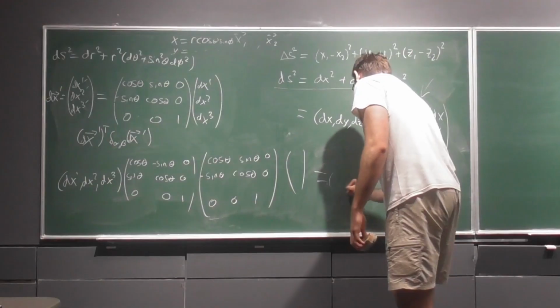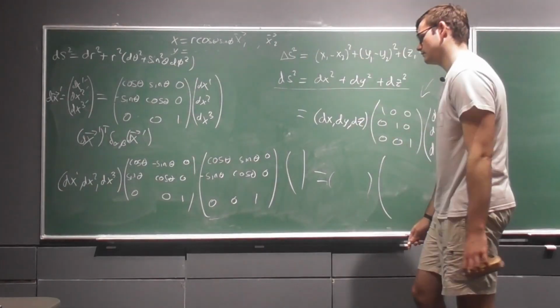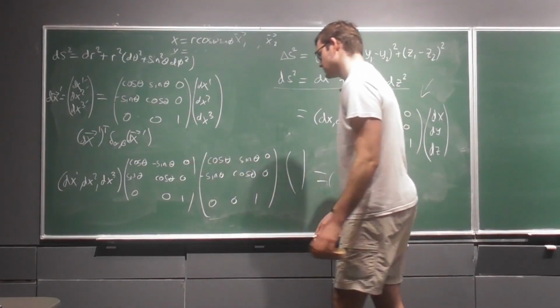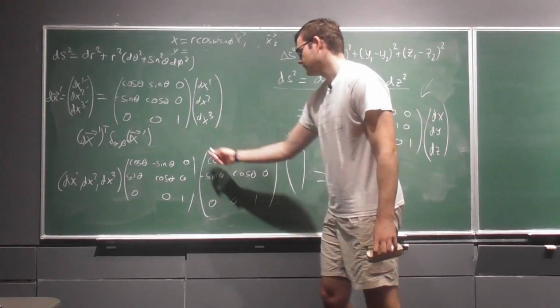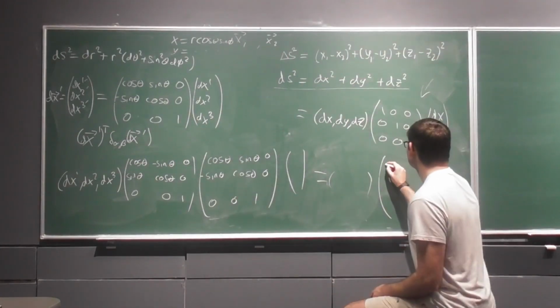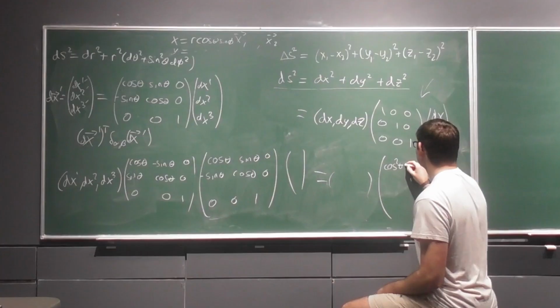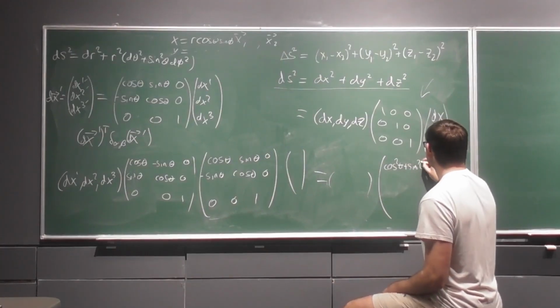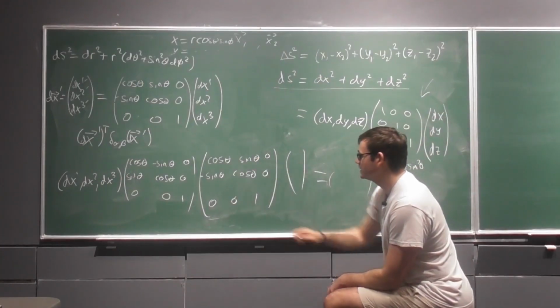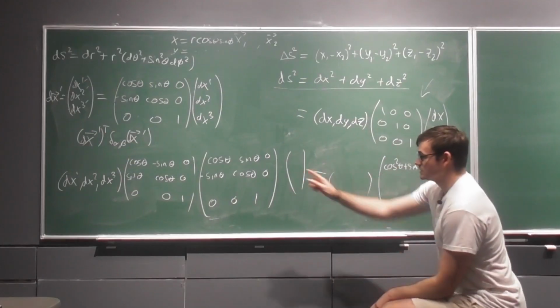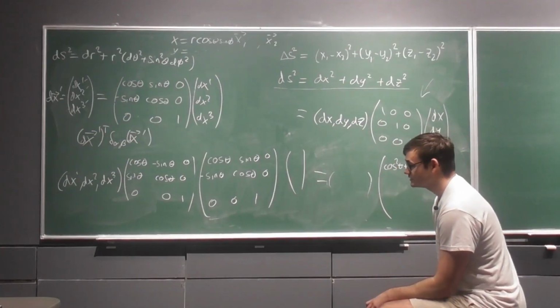So the top row is going to give us cosine squared theta plus sine squared theta. The next one is going to give us sine cosine theta minus sine cosine theta.